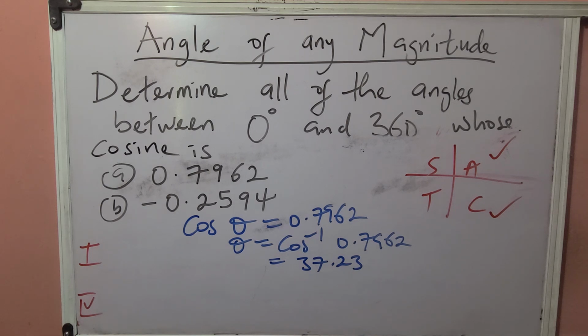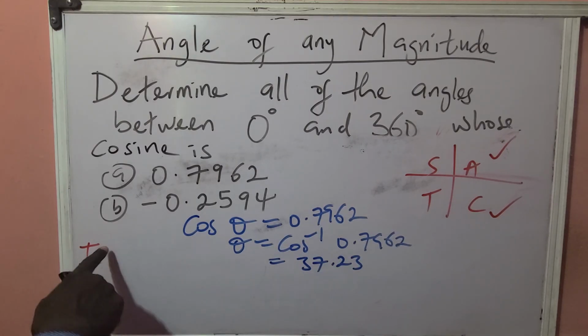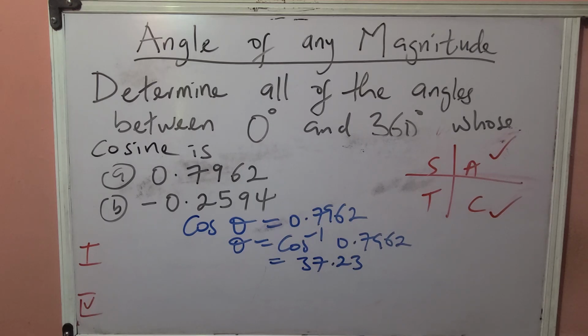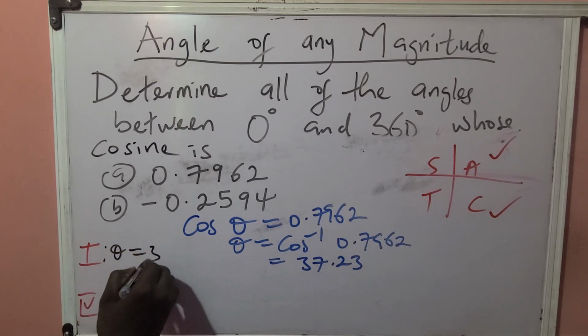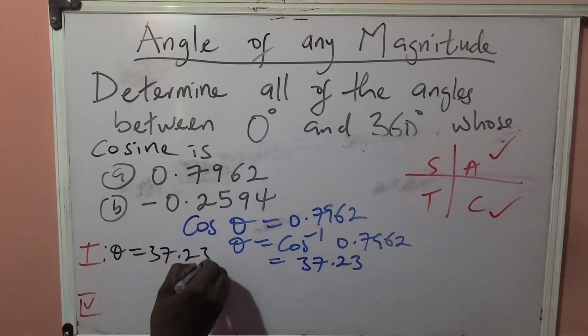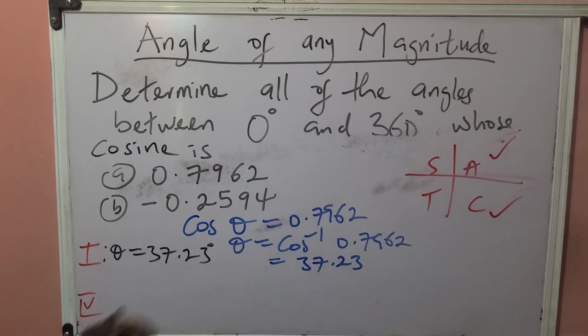And I told you already, when you have quadrant 1 being featured, what you have to do is just replace whatever you have gotten as theta in that place. That's the only quadrant where you have to do that. So we have our theta here being 37.23. So this is part of our values now, in degrees. Now for the fourth quadrant, as I told you, the rule happening there is 360 minus theta.